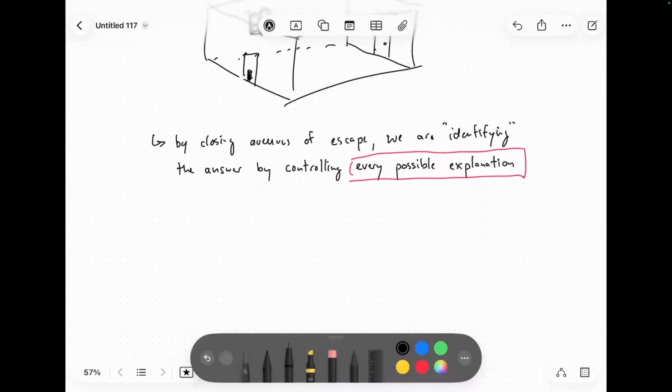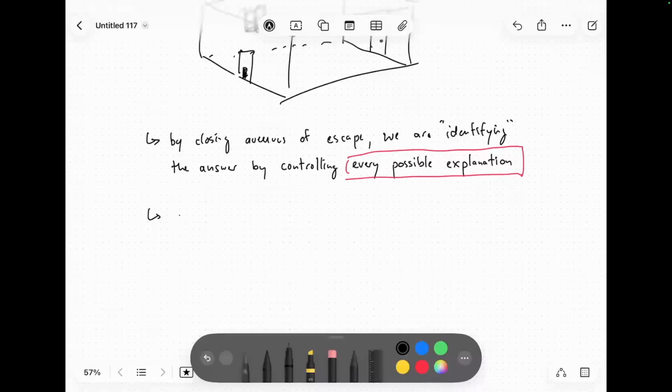So we will learn statistical tools for closing doors. But this is just part of the puzzle.